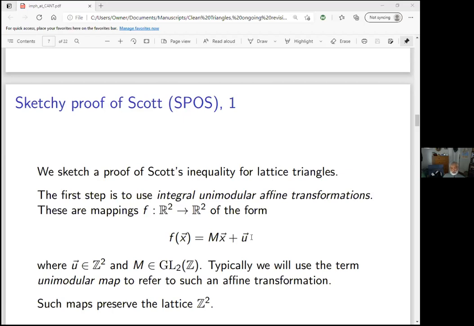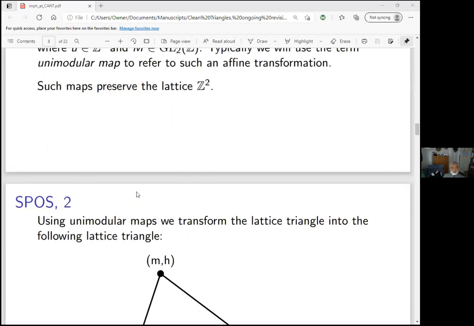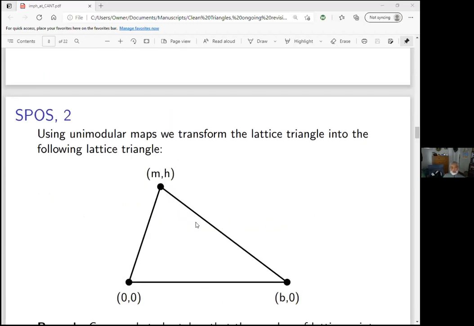And so what we do is we take whatever lattice triangle we have, and we choose appropriate unimodular maps. And when you do it correctly, your lattice triangle gets transformed to something like this, where one of the vertices is at the origin, the second vertex is on the x-axis, and the third vertex is in the first quadrant.